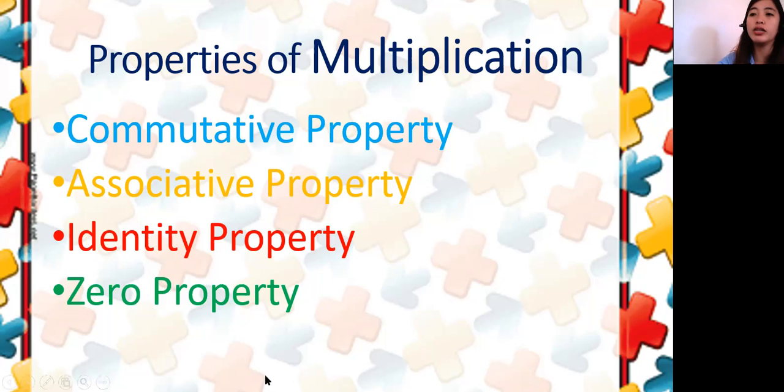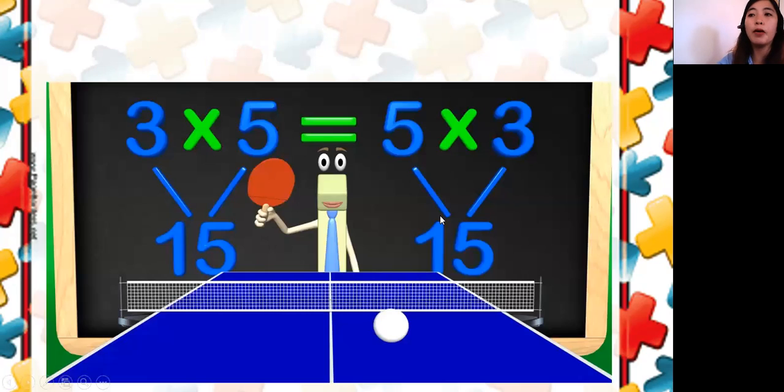Let us talk about it one by one. Let's start with the first one, which is the commutative property. Take a look at this number sentence I have here: 3 times 5 is equal to 5 times 3. How is that so? Kids, what is 3 times 5? Yes, it is 15. How about 5 times 3? Yes, it's also 15.